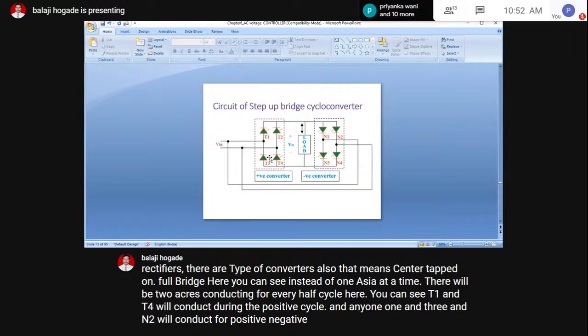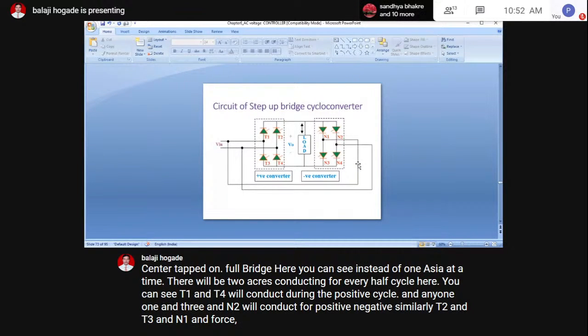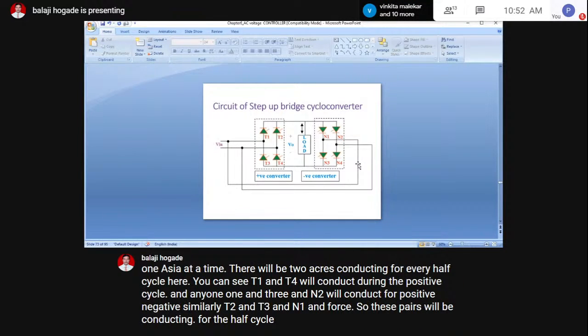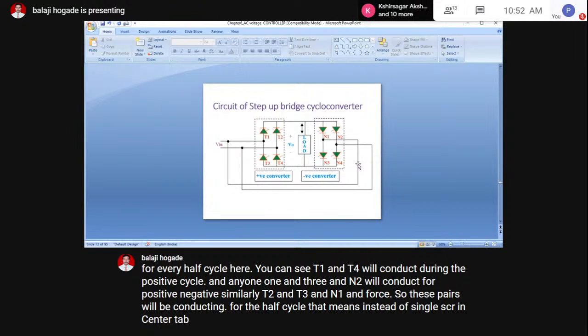Similarly, T2 and T3 and N1 and N4. So these pairs will be conducting for the half cycle. That means instead of single SCR in center tap, ब्रिज कॉन्फ़िगरेशन में दो SCRs कंडक्ट करेंगे.